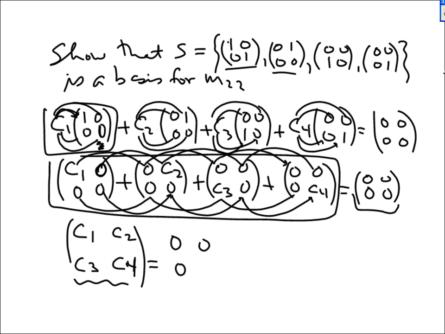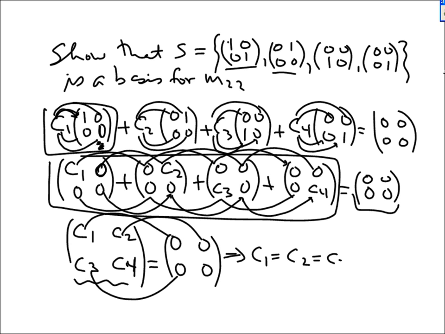And if two matrices are the same size and equal, identify the locations. C1 is 0, C2 is 0, C3 is 0, and C4 is 0. That is, they all equal one another, and they equal 0.